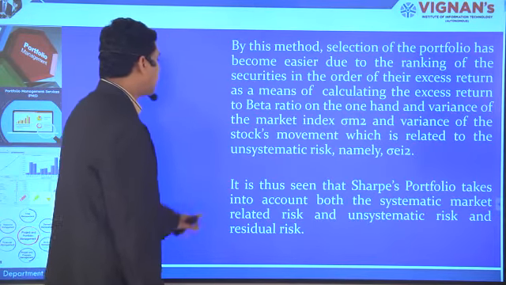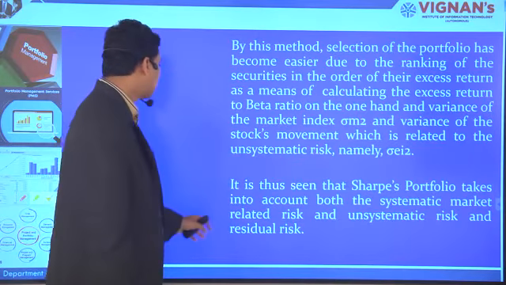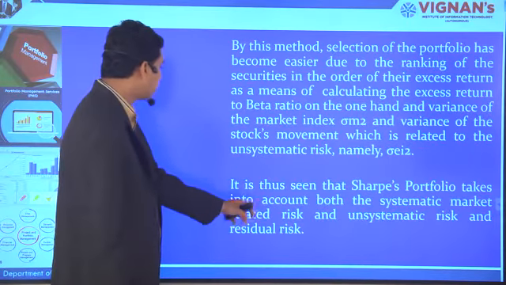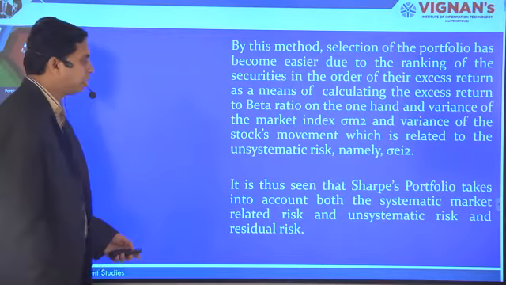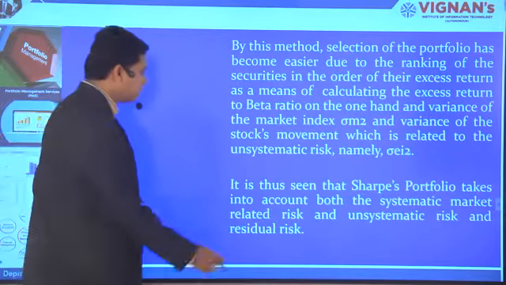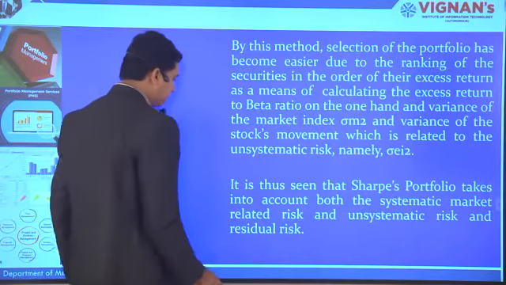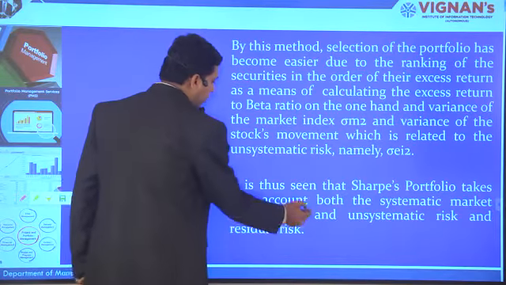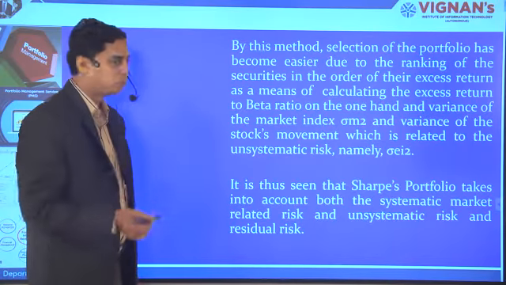It is also seen that the Sharpe portfolio takes into account both the systematic, that is market related risk, and the unsystematic and residual risk. So finally it is also considering the systematic risk as well as the unsystematic risk and residual risk. The return is considered for the portfolio to rank the different portfolios.